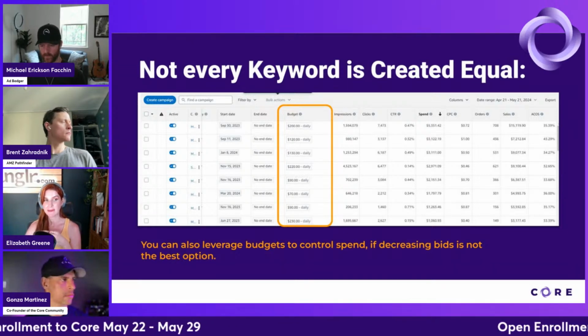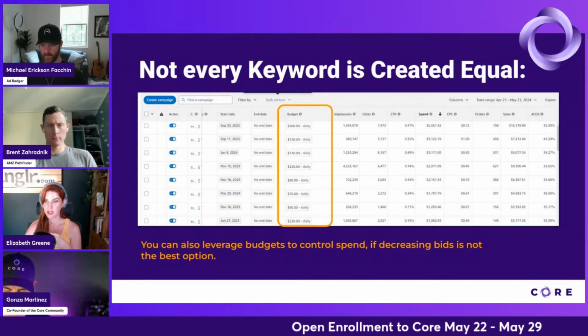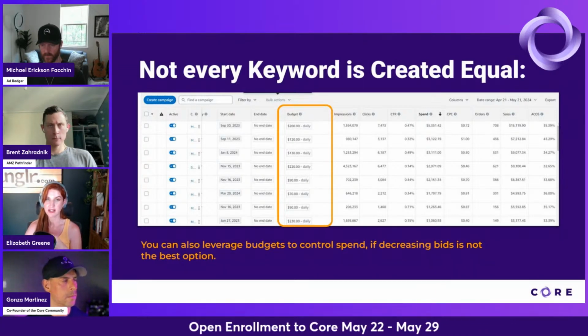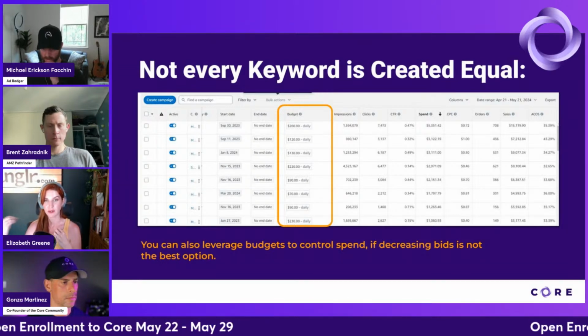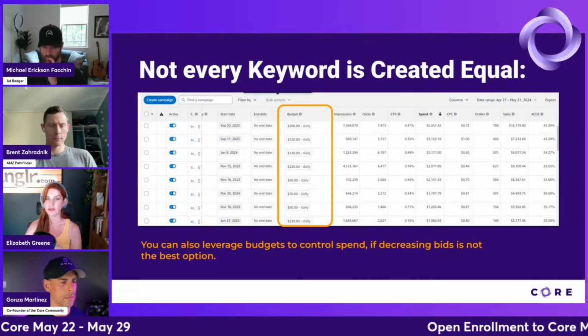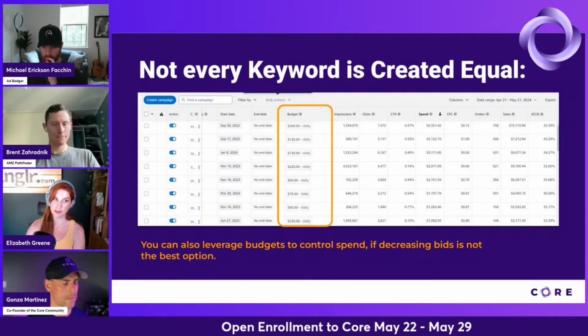Sometimes it just doesn't make sense to control spend at a bid level if you're dealing with intense market competition and it's a main keyword and the bid that you need to achieve the target ACOS you're looking for is just way too low to get any visibility whatsoever. Budgets can be a good option.